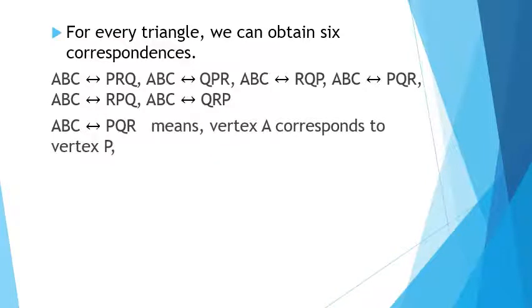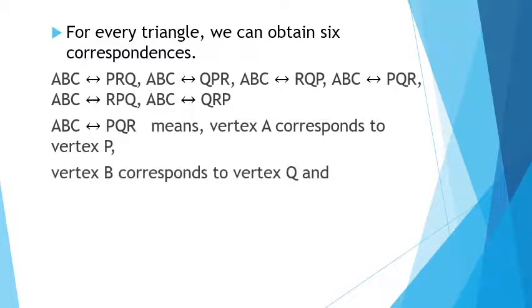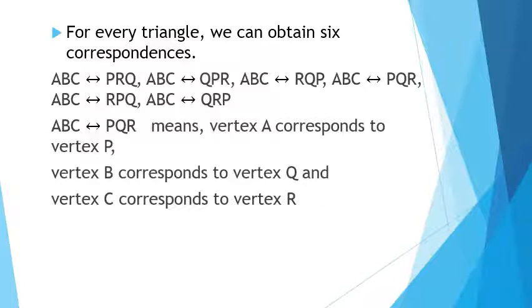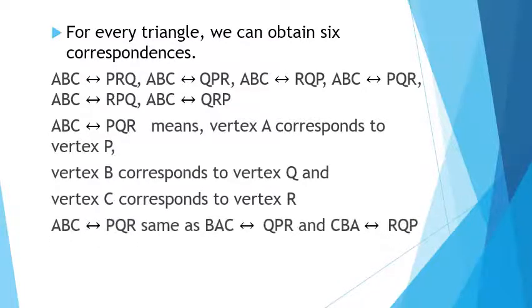Here we can take the example of the first correspondence. ABC corresponds to PQR means vertex A corresponds to vertex P, vertex B corresponds to vertex Q, and vertex C corresponds to vertex R. And ABC corresponds to PQR is the same as BAC corresponds to QPR.